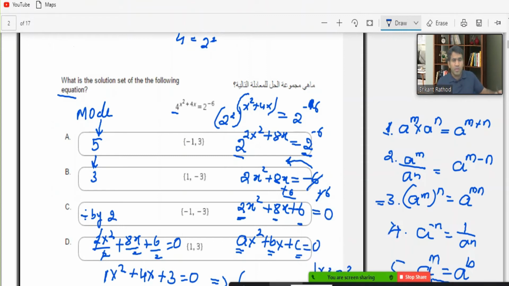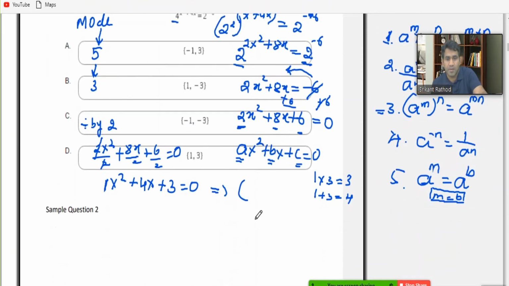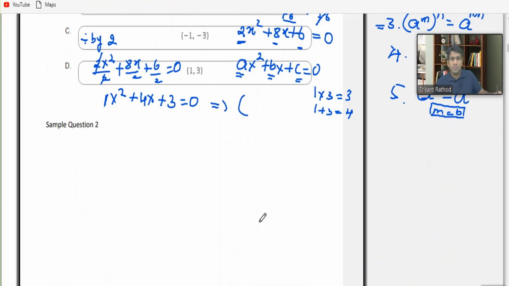This is what we are looking for, right? So let me go down here. This 4 can be written this way, so that it becomes x square plus 3x plus x. 3x plus x gives me 4x, plus 3 equal to 0.